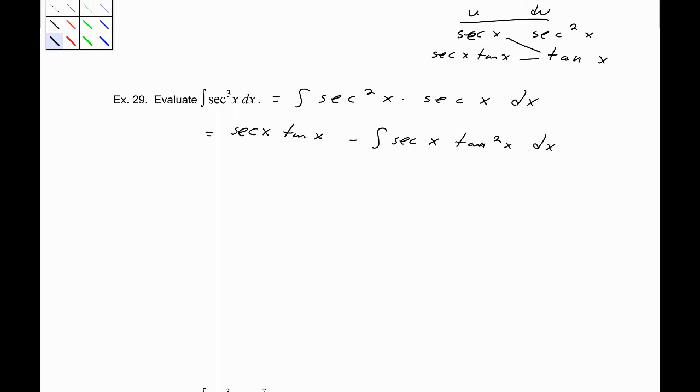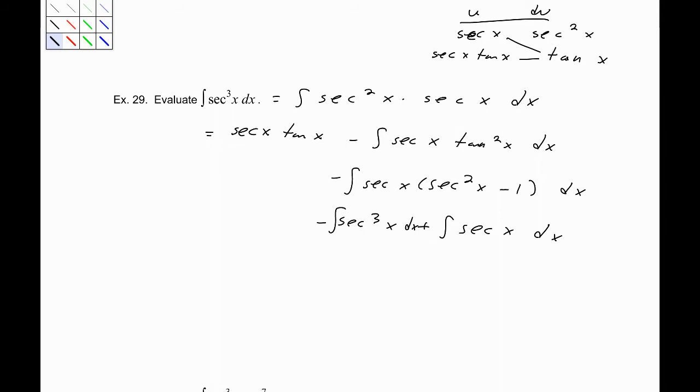Now if we make a substitution like we've done already, we'll leave our secant x, but tangent squared is going to be secant squared x minus 1. This may not seem immediately obvious why we're doing this. Integral of secant cubed x, I'm going to go ahead and split this up, plus the integral of secant x dx.